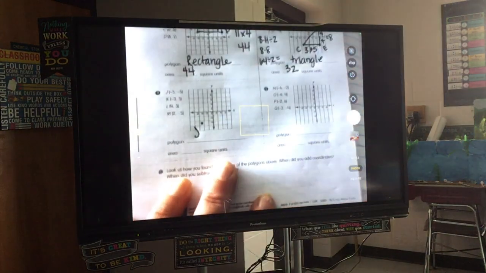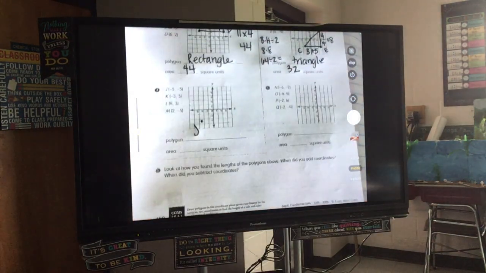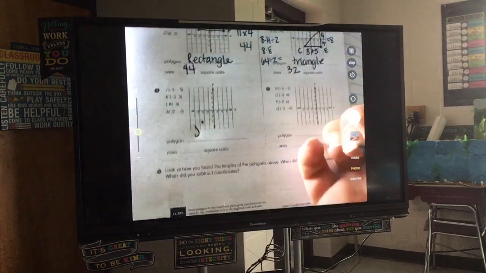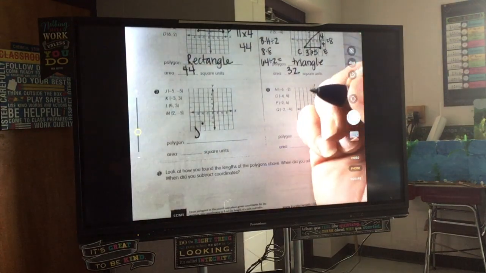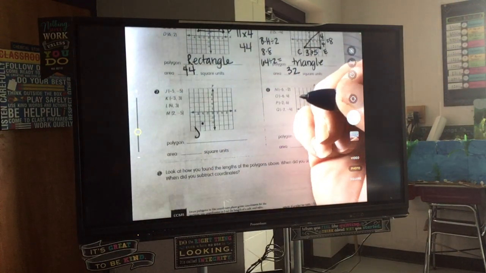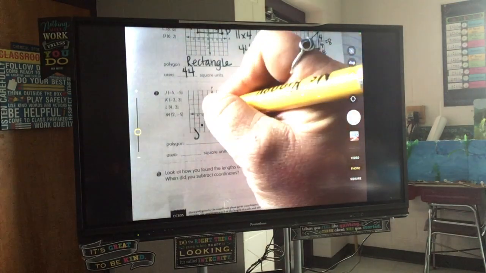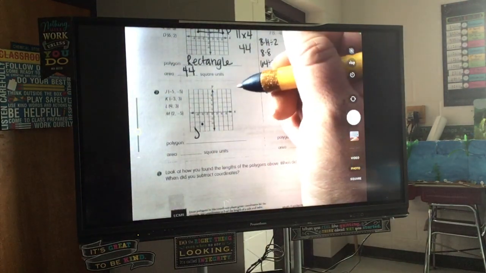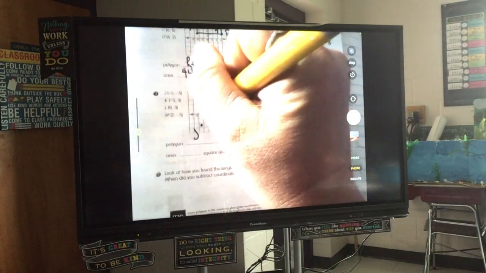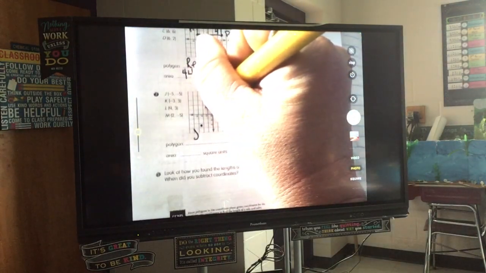All right, how do I get to point K? Over which way? To the left? Yeah. So I'm gonna go 3 to the left and 3 up.